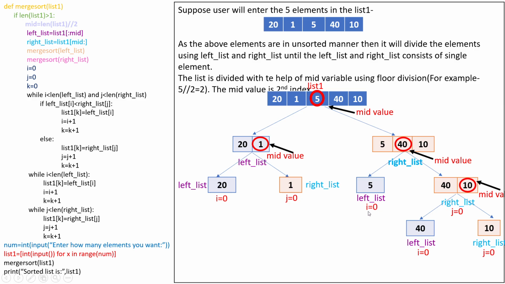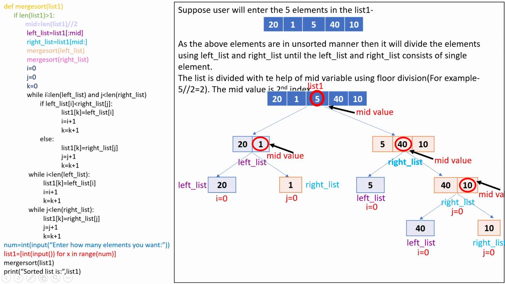Initially I have placed i equal to 0, j equal to 0 for the left and right list. i points to the left list and j points to the right list. k is what? k is pointing towards the merge sort list, that is the sorted list, and it points to the index of the sorted list.